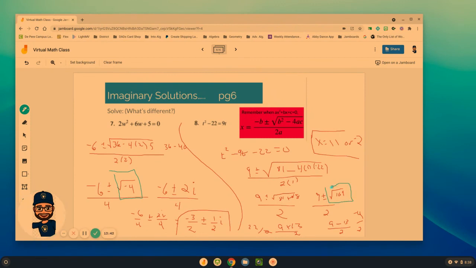Notice, when we had a positive value under there, we got 2 real solutions, 11 and negative 2. Positive number gave us 2 of them. But when I had a negative square root, we didn't get any real solutions. We got a couple of imaginary solutions. And we're going to pay close attention to that tomorrow.